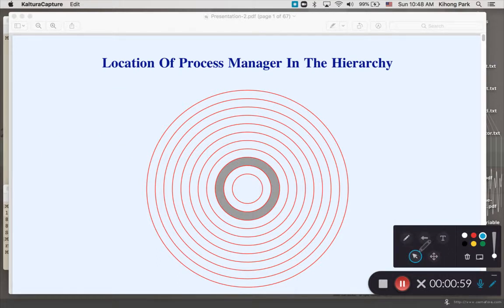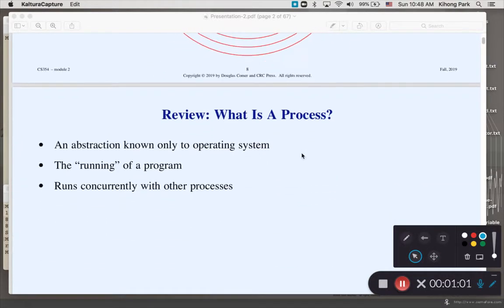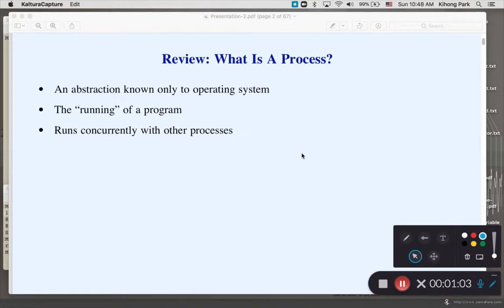Let's go into the slides. What is a process? We know that this is a running program. We have seen some aspects of it already. It says here that it's an abstraction known only to an OS. This is not precise, so we can say that it's an abstraction known principally to an OS.